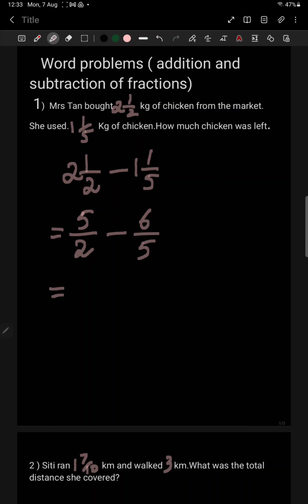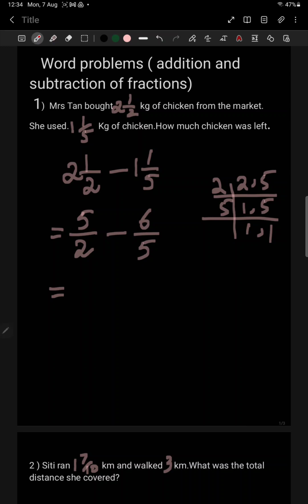The least common multiple of 2 and 5 is 10. So we can find out the LCM. 2 1s are 2, 5 1s are 5, 5 2s are 10. So we are supposed to make the denominator 10.